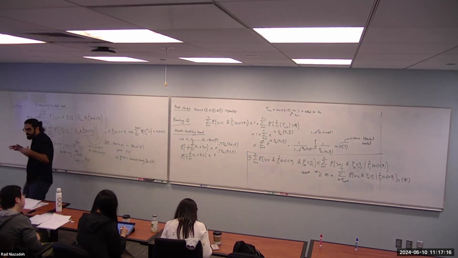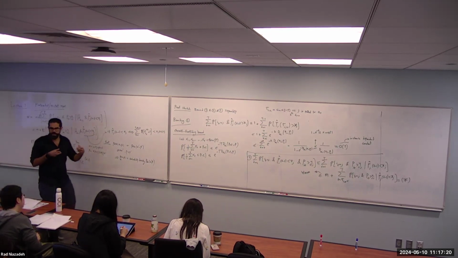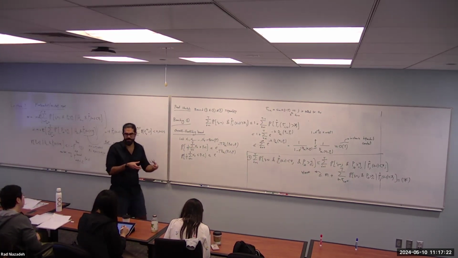If you look at the total mass on these likely scenarios, it is going to be around 2 to the minus N times the binary entropy of P.